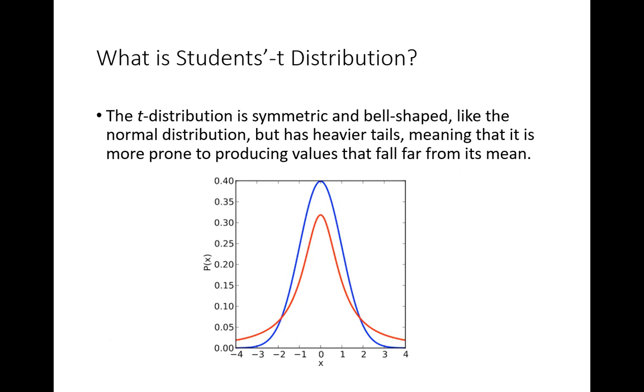All right. So let's see why this was used and what is the difference between the student t-distribution and the Gaussian distribution. You can see here there are 2 curves I'm showing you. Both are bell-shaped curves. If you look at the blue curve, that is your familiar Gaussian distribution. If you look at the orange curve, that is known as the student t-distribution. The big difference between the two is that the student t-distribution has heavier tails.